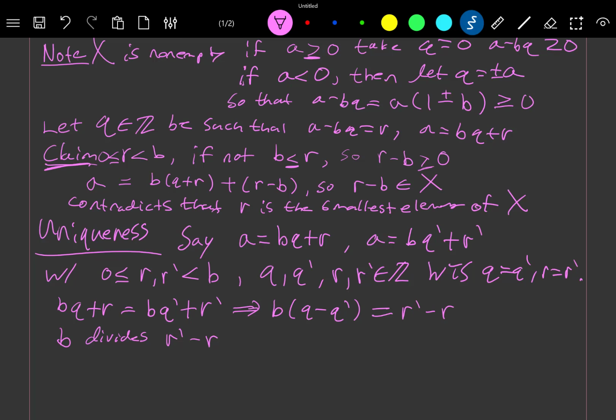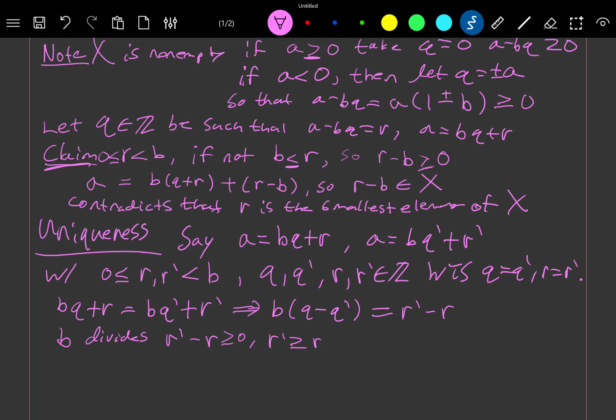And let's just say that R prime is greater than or equal to R. So this is positive. So without loss of generality, we can make this assumption. So B divides this number, right?